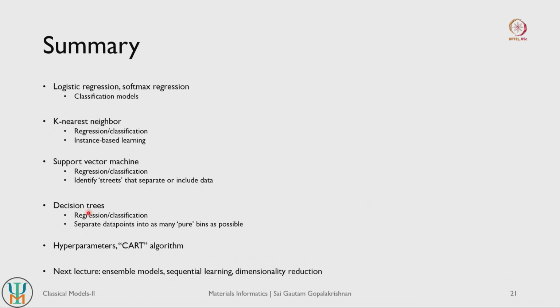We also looked at decision trees which split the data into as many pure bins as possible to reduce impurities in the case of classification tasks or to reduce mean squared errors in the case of regression tasks, right. We also looked at some hyperparameters and a brief overview of the CART algorithm which tries to create perpendicular splits of data along your feature axis, right. So with this we conclude on the classical models.